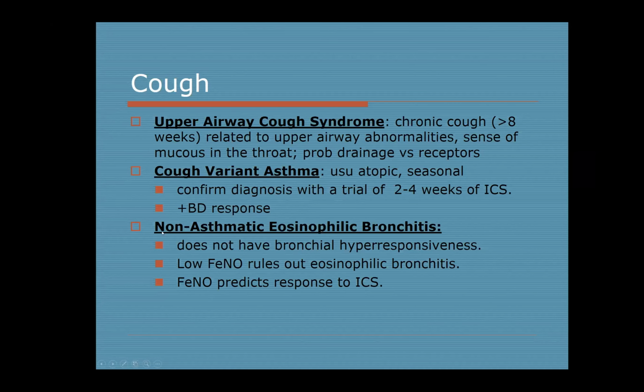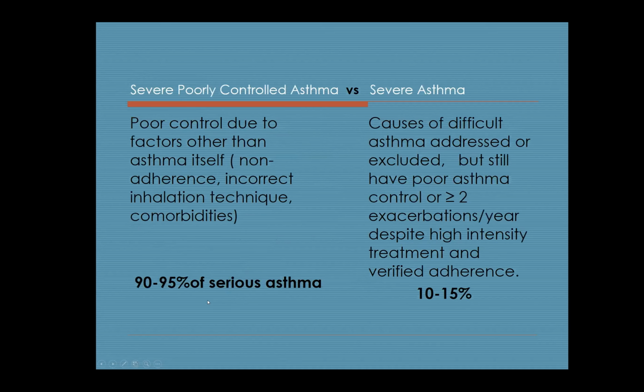We also have patients who have non-asthmatic eosinophilic bronchitis, and their presentation is cough, and they have a FeNO that's high, and it also predicts that they're going to respond to inhaled corticosteroid. A low FeNO would rule out eosinophilic bronchitis. And these patients don't have asthma yet, but they do have eosinophils in their airway, and their cough gets better with inhaled corticosteroids.